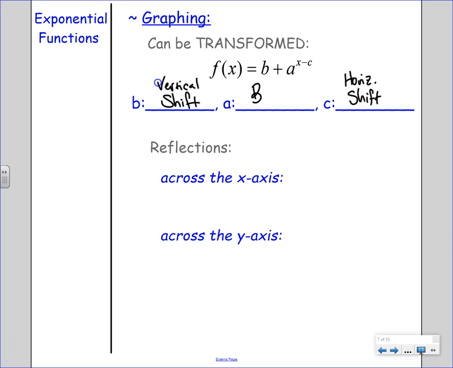A is just the base. If you guys wouldn't mind, skip a quick little line. I'll come back to that in a second when I can get your focus again. I'm going to give you a little quick note about the base. I'm putting the easy ways of talking about the reflections as far as the vertical flip, horizontal flip.